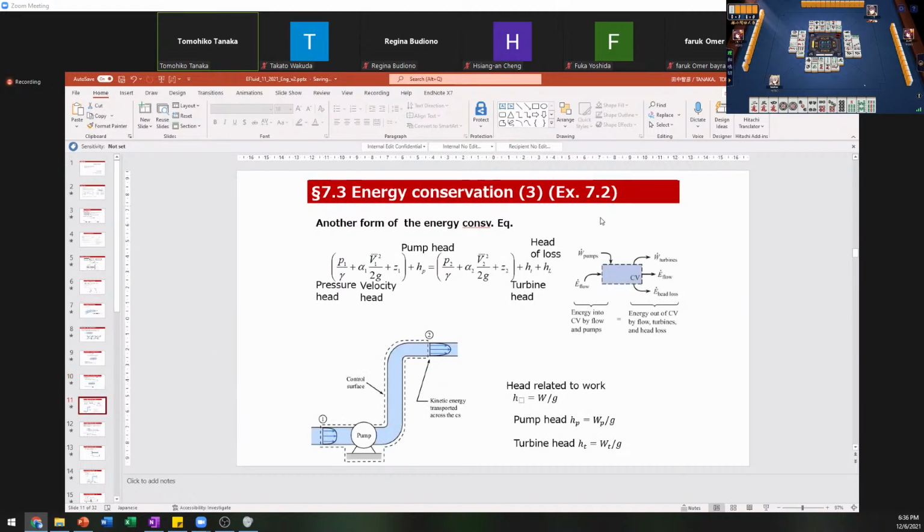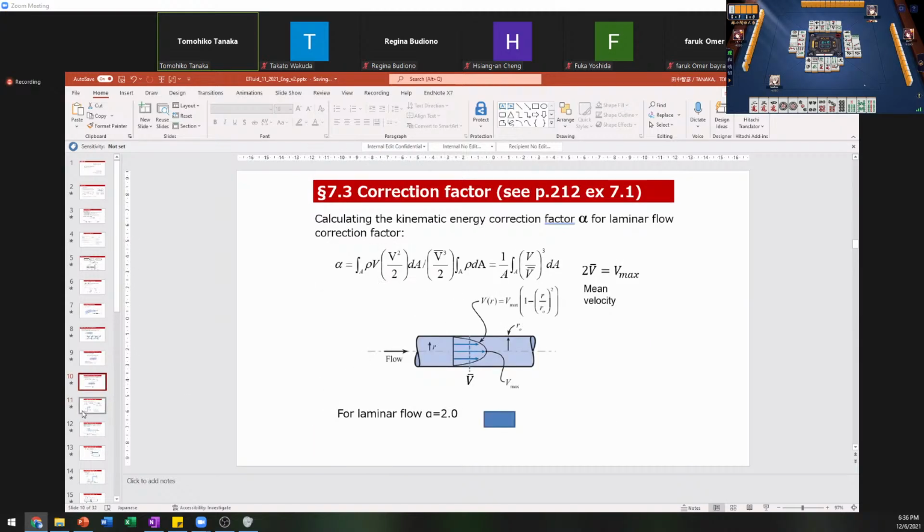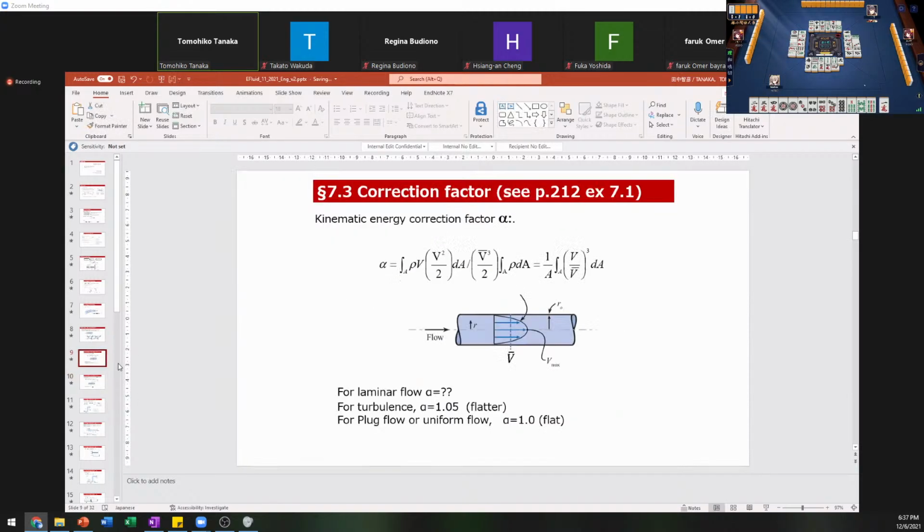And yeah, we will use the alpha today. So again, for the laminar flow, alpha is 2, and for uniform flow, alpha is 1.0. For the turbulent case, it varies, but alpha is approximately 1 or 1.05 or something.